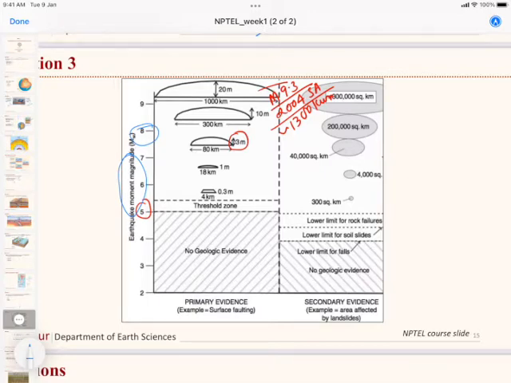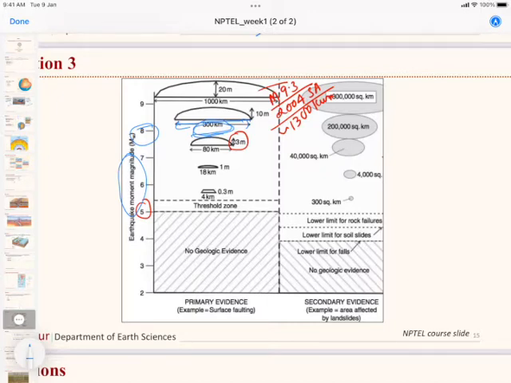With this figure it's a bit easier, because we can see that around 300 kilometers of surface rupture we can observe when we have a moment magnitude ranging from 8 to 9. So this is a very approximate way of answering this question.